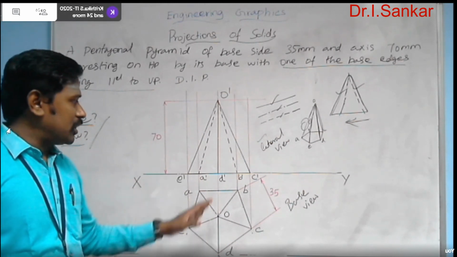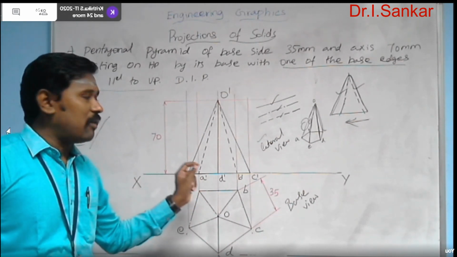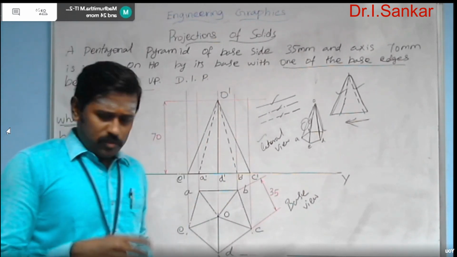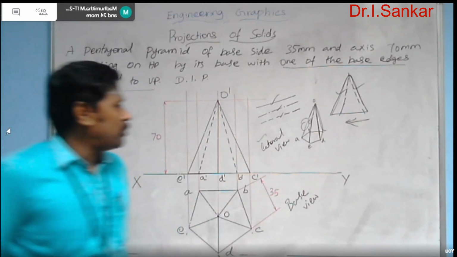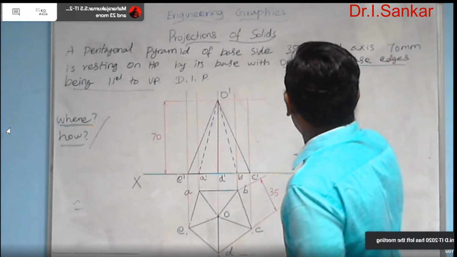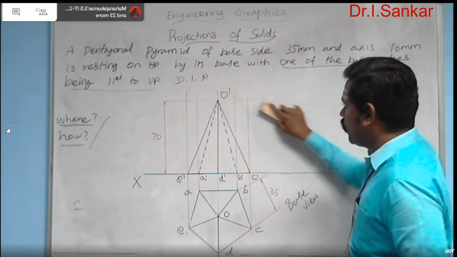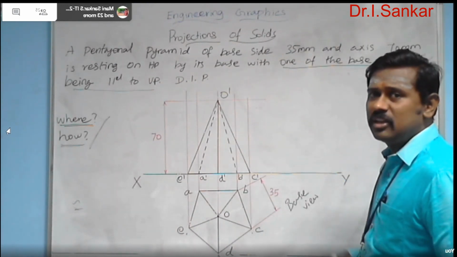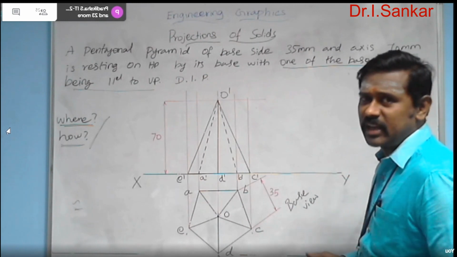Before closing, just verify you have covered all the edges in the object. It is always better to have a list of edges of this object in rough. How many edges can you find? In the base 5 edges, and in the side 5 edges.